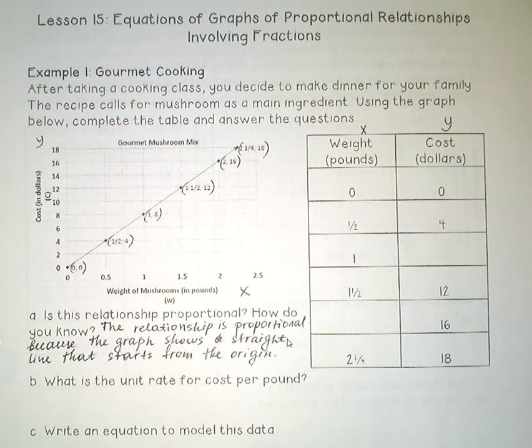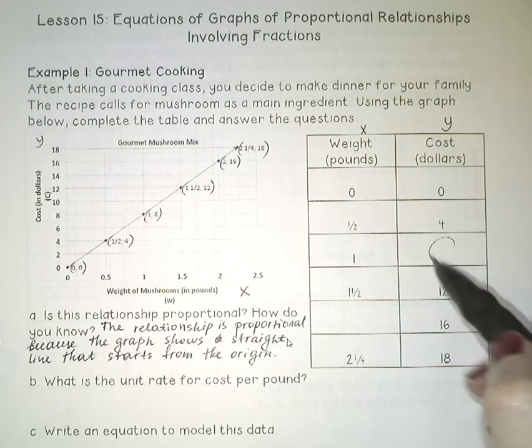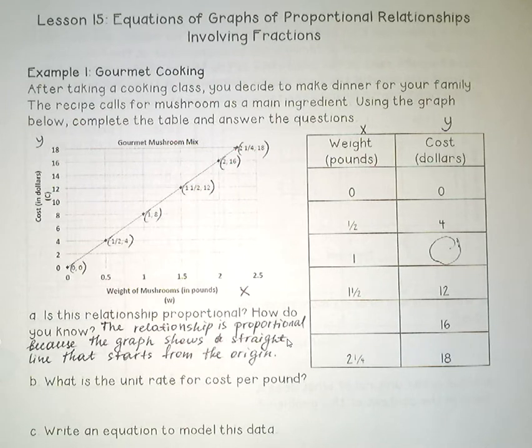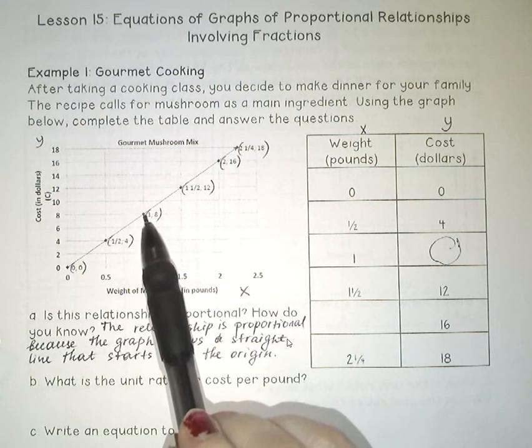What is the unit rate for cost per pound? I'm looking for cost per pound. So we have to have 1 pound and some sort of a number. Do we have that anywhere? Actually, I do have this one right here.